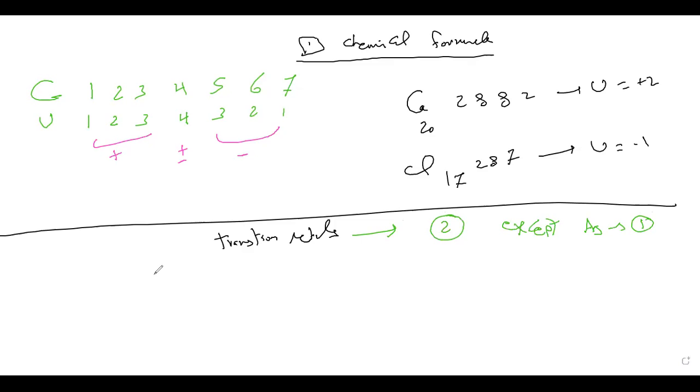And if you have any number beside the transition metal, it will be its valency, like I, II, III, IV, V, VI, and VII. They refer to valency 1, 2, 3, 4, 5, 6, 7.